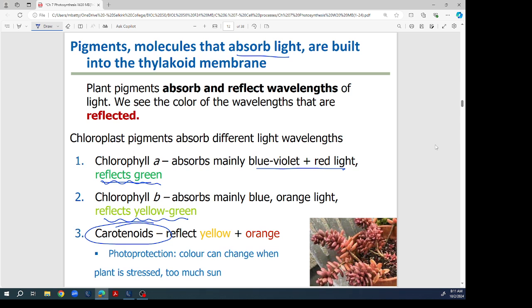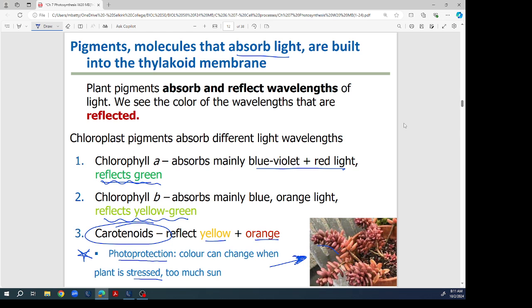And then these beautiful colors that we see in the fall, the yellow and the orange, are often hiding other times of the year. When I made this PowerPoint, it was springtime, and I have a whole lot of succulents in my garden, and the same succulents can turn either this reddish hue or a bright, bright green, depending on how much sun they're getting. And so there is this element of colors changing in the fall or other times of the year, photoprotection, when those pigments change in response to stress or maybe too much sun.